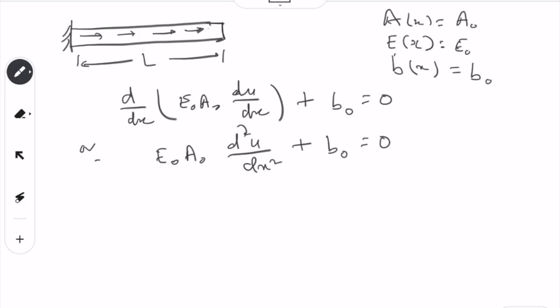Let us say there is nothing else there, meaning that you can write the boundary conditions as well.